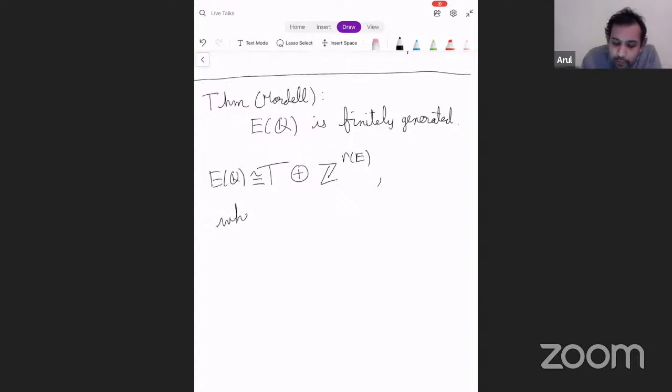Here, T is a finite abelian group, and R(E) is called the rank of E.